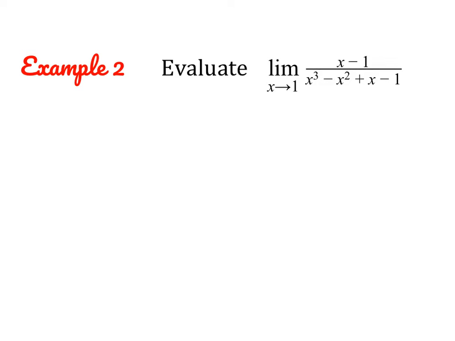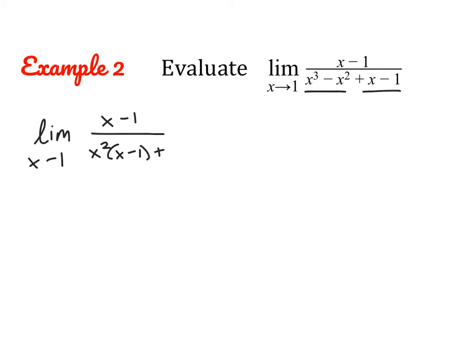Here, once again, we can see if there's a common factor, because if we use direct substitution, our denominator becomes 0 and it's undefined, so we can't find the limit in that way. So let's try using factoring by grouping. So if I group my first two terms, I have a GCF of x squared. And if I group my second terms, well, I can just group it like this, x minus 1. So the limit as x approaches 1.